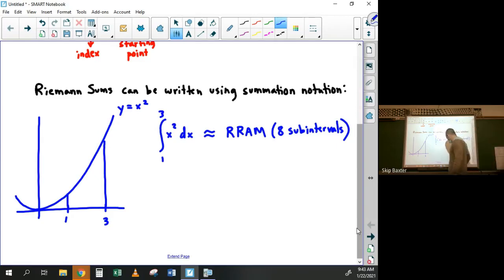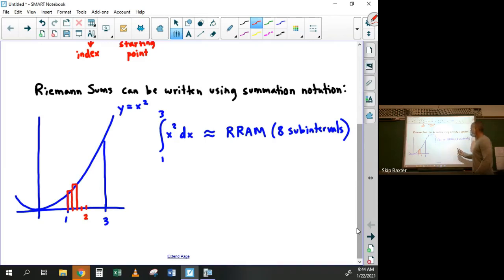All right, so what does that mean? That means that I'd have to actually split this up. Each one unit would have to be split up into fourths, right? So you'd have to split that up into fourths, and then for each width, I'd have to make a rectangle using the right-hand endpoint as the height of that rectangle, right? It's like we did yesterday, right?